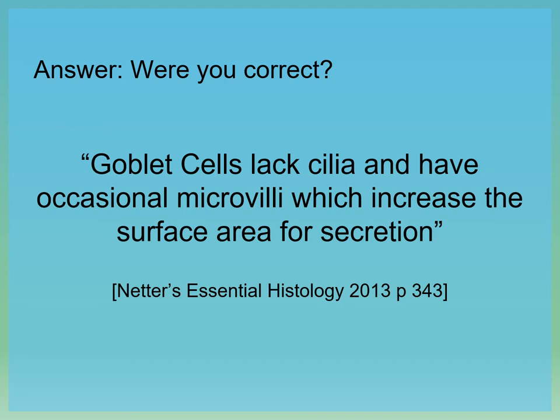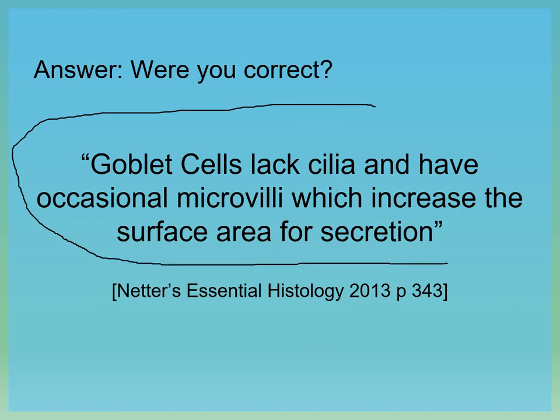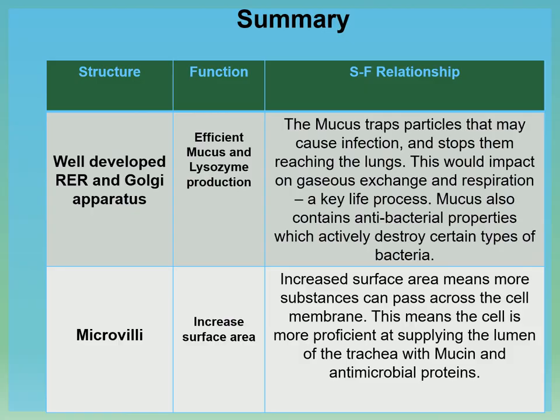So here's a quote: goblet cells lack cilia and have occasional microvilli which increase the surface area for secretion. Boom. Quote. I would paraphrase that into my own sentence to make my understanding clear, and it's been informed by expert sources, but it's me that's written it, and it's me that's found the information and pieced it together.